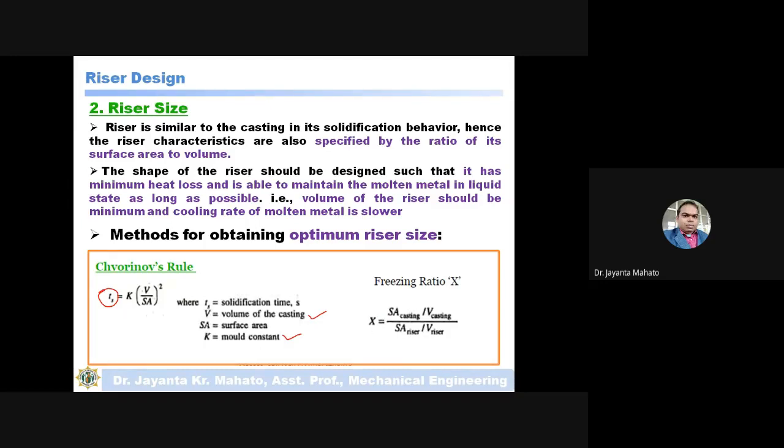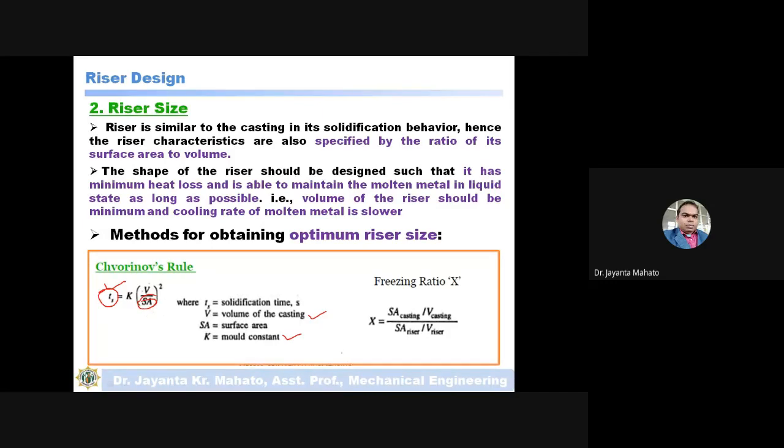From this rule, first you have to calculate the solidification time, and if you have the solidification time, and you know the volume of the casting, meaning the mold cavity, and you know the mold constant K, then you will get the SA value.